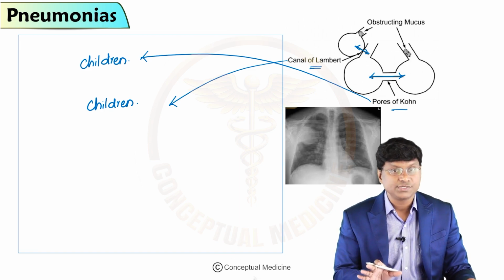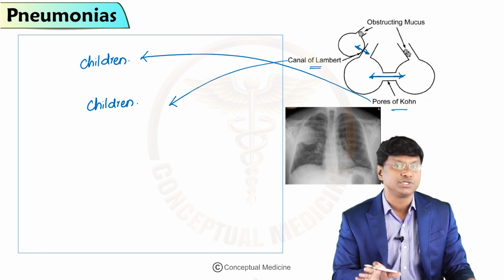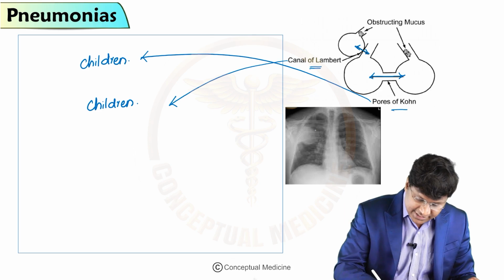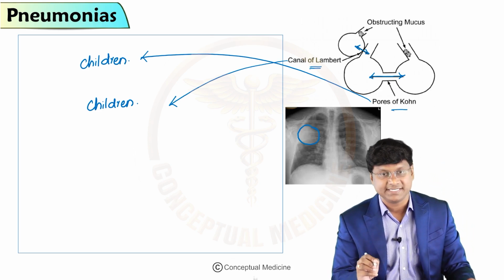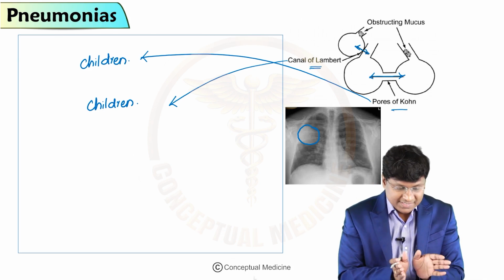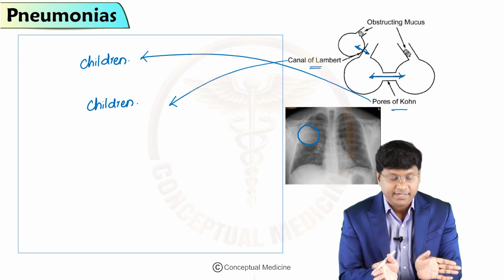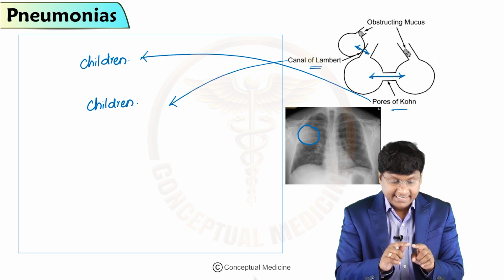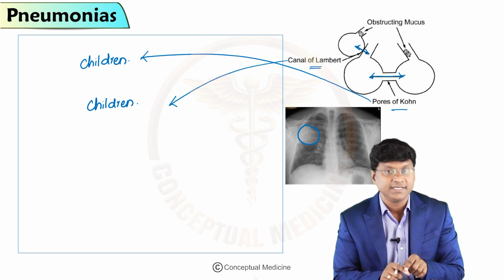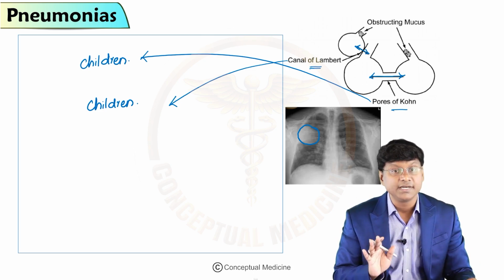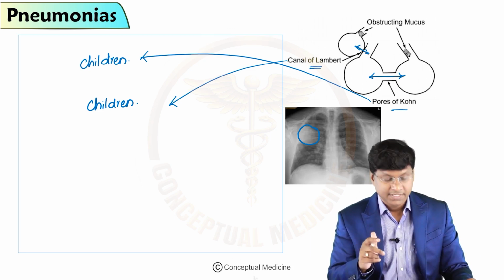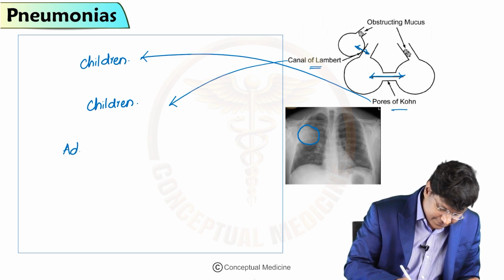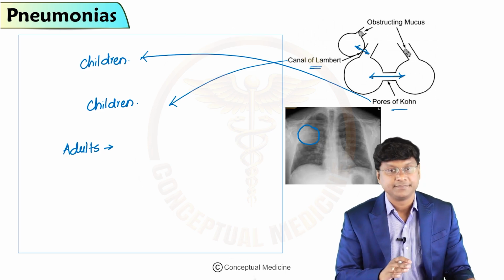These communications are seen only in children, and this will give you a round opacity, because the spread of the inflammatory infiltrate will be surrounding, and that will give you a round opacity, which is nothing but the round pneumonia. Whereas in adults, you don't have the adjacent spread.